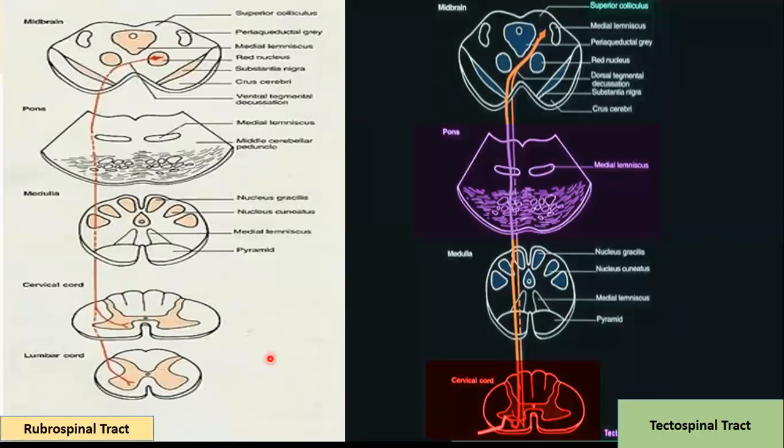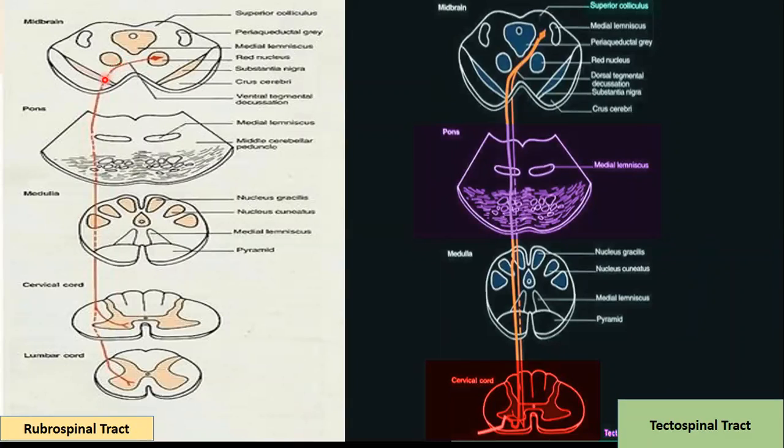When we talk about our rubrospinal, one thing we need to remember is this. Rubro starts with R, so it is concerned with the red nucleus. The red nucleus is present in our midbrain. So in the midbrain we have a red nucleus.